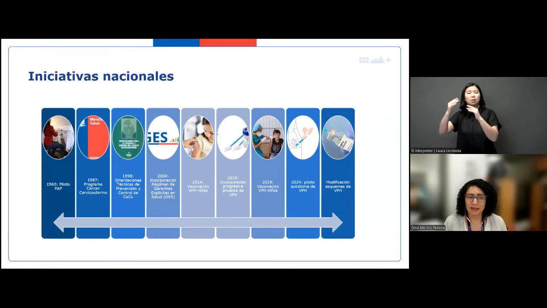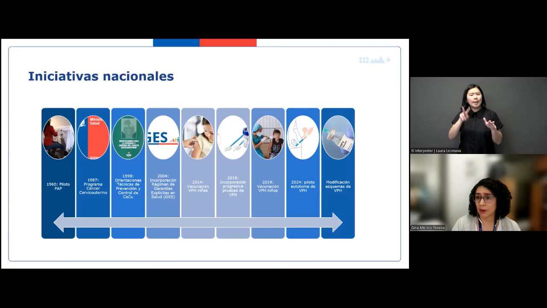We have different initiatives. In Chile, we see how it has been helping and approaching this. In the 60s, we had a pilot program with PAHO and the Chile Health Ministry.